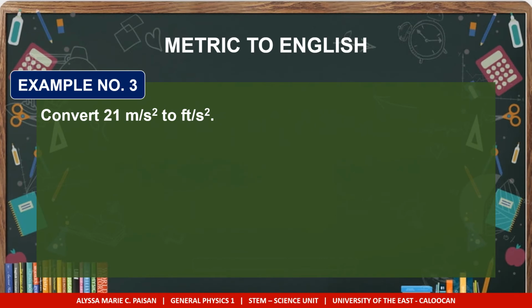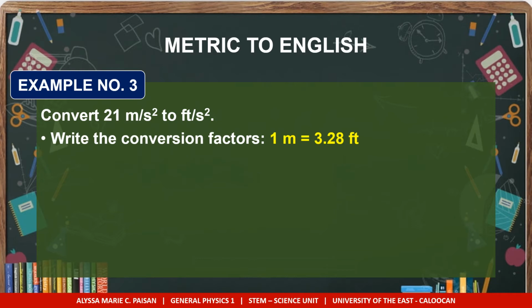Now let's have example number 3. We have to convert 21 meters per second squared to feet per second squared. Again, we just have one conversion factor for distance because our units for time are both in seconds. So we have the conversion factor 1 meter is equal to 3.28 feet. We will write our given as 21 meters over 1 second squared.